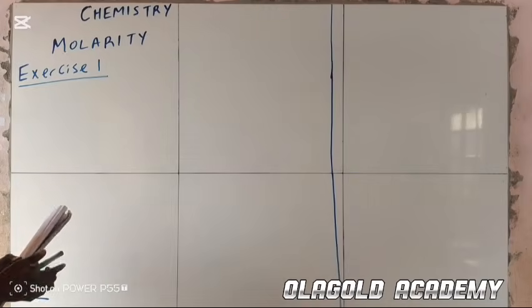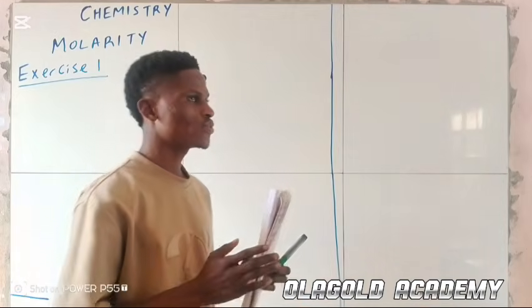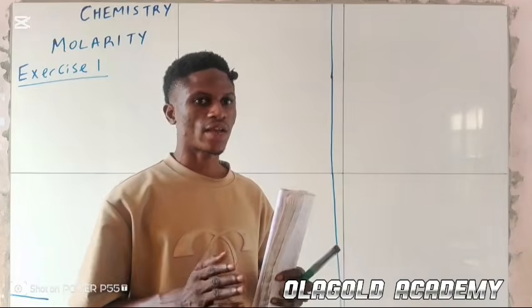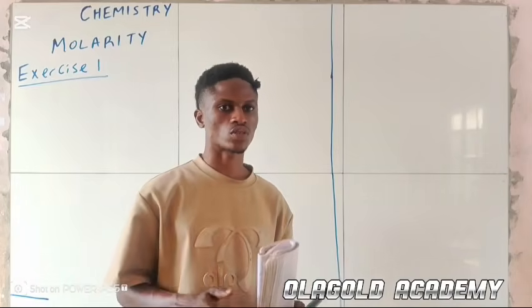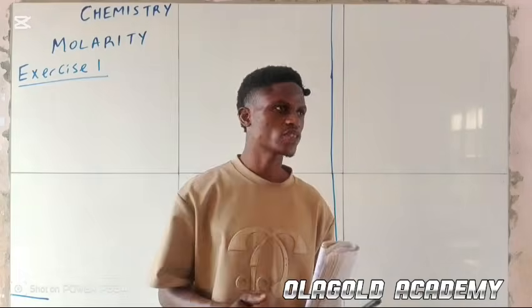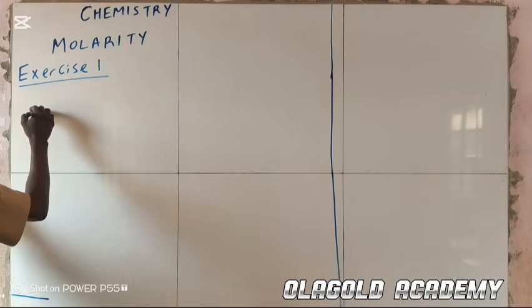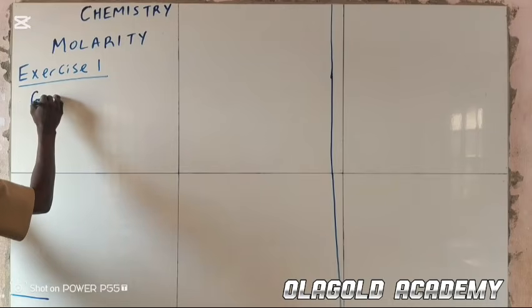As usual, the first thing to always do when we see a calculation in a science subject like physics or chemistry is to list out our given parameters.